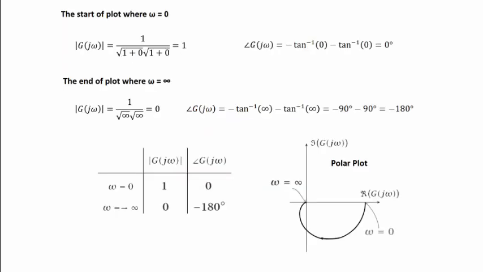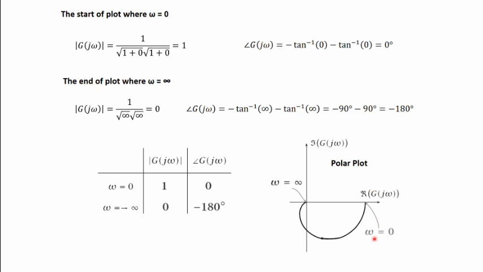Let us discuss the start point where omega is equal to 0. What is the magnitude? Magnitude when omega is equal to 0 is 1 upon square root of 1 plus 0, 1 plus 0, that is 1, and angle is 0.